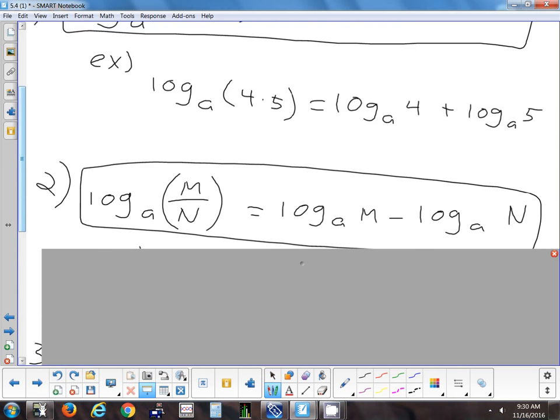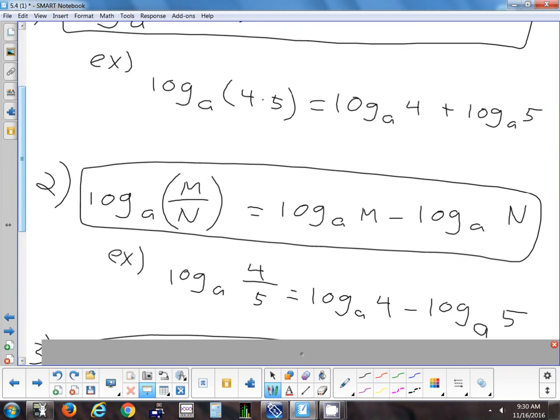Which kind of makes sense. You know, the top is first, so put the top first, and the bottom is second, so put the bottom second. Okay, and that's the same numbers I used last time. I'm just showing it to you with specific numbers. Okay, I'm not going to type this in, but if you wanted, you could check it, and it will work.